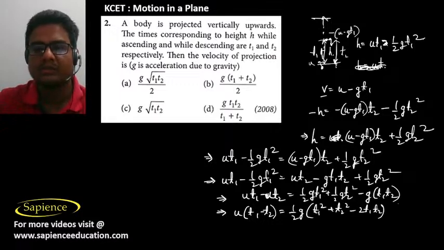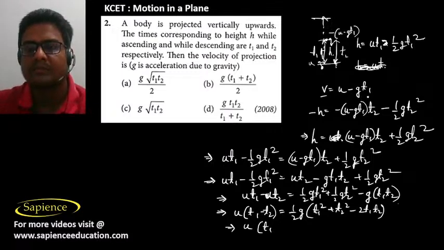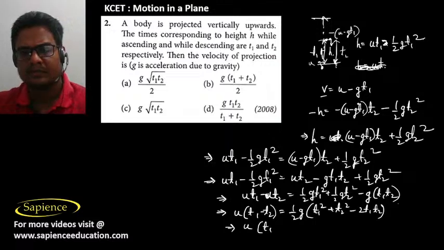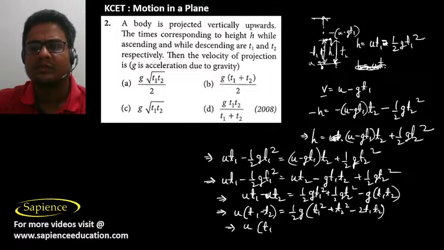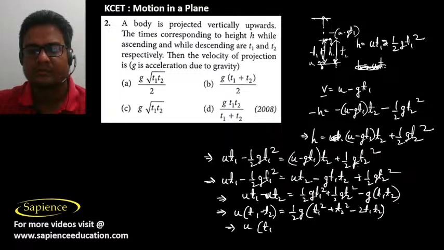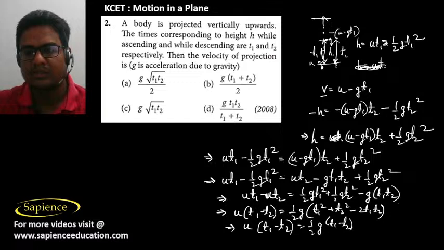So this will be t1 minus t2 whole square. So u into t1 minus t2 is equal to half g into t1 minus t2 whole square.